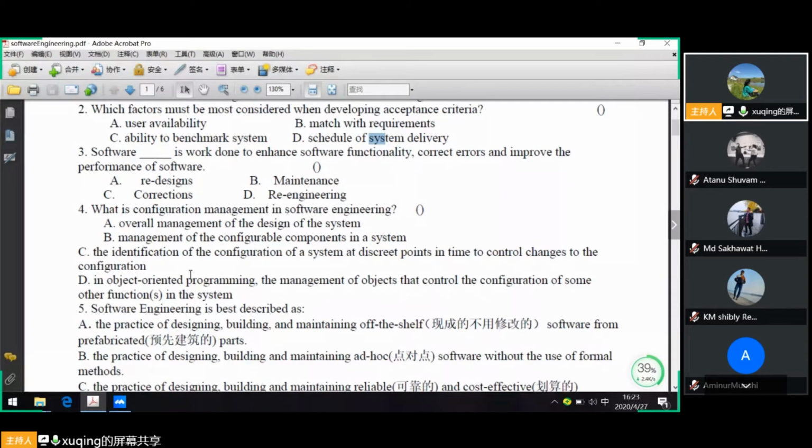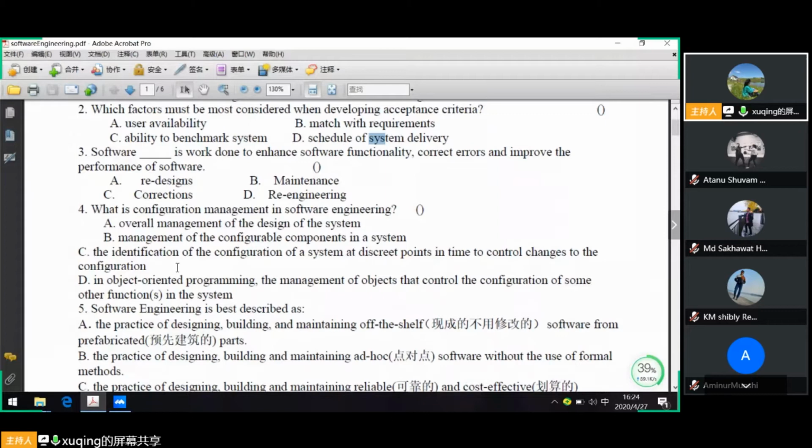Third one, the identification of the configuration of our system at discrete points in time to control changes to the configuration. Fourth one, in object-oriented programming, the management of objects that control the configuration of some other functions in the system.